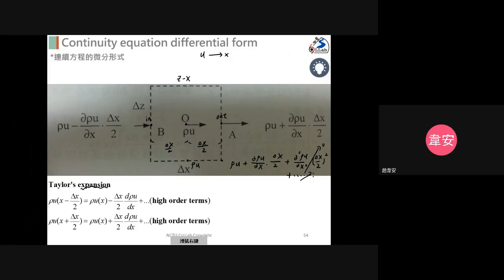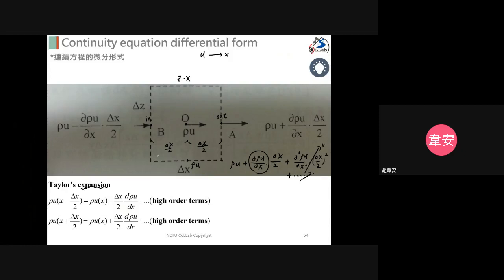So we only have the first derivative term. That means we assume ρu changes linearly along the x direction, so the gradient of ρu along x is a constant value.